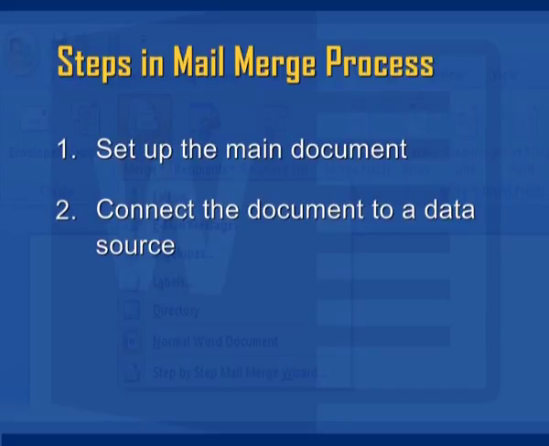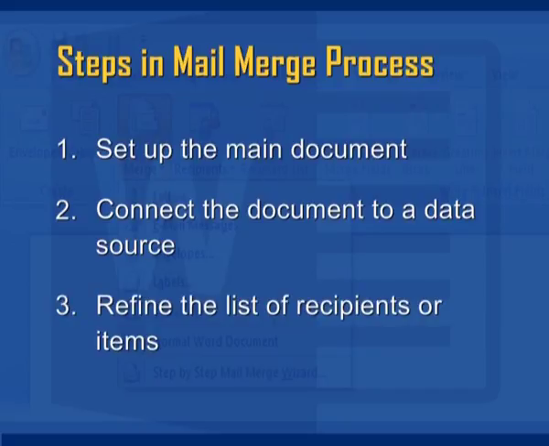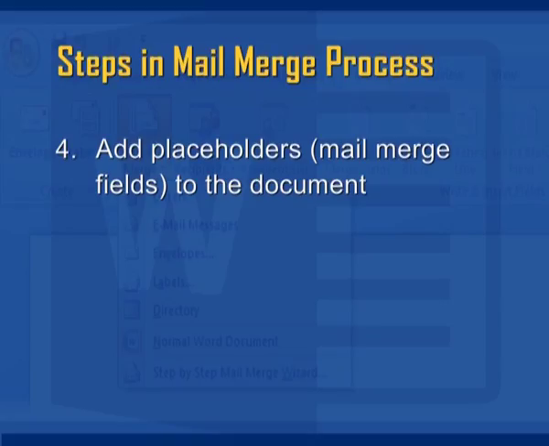Step number 3, refine the list of recipients or items. Microsoft Word generates a copy of the main document for each recipient or item in your data file. If you want to generate copies for only certain items in your data file, you can choose which item or record to include. Step number 4, add placeholders called mail merge fields to the document.